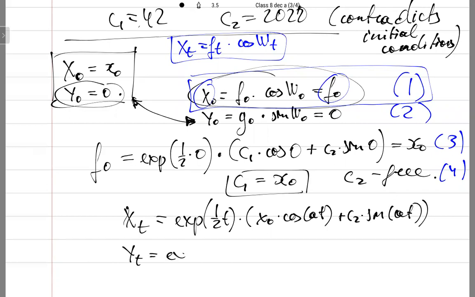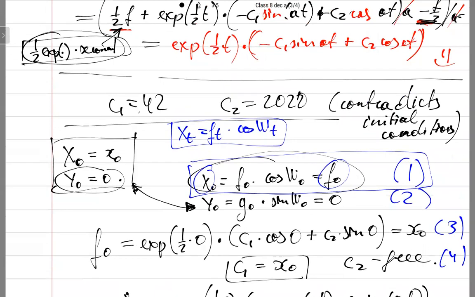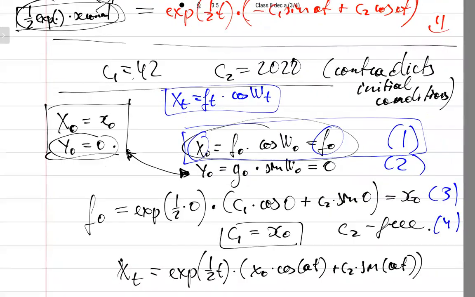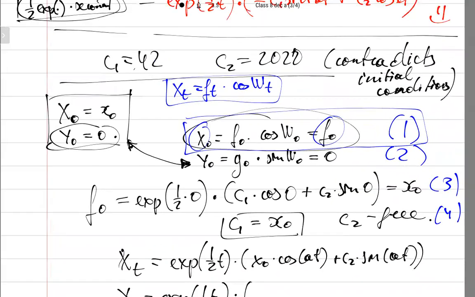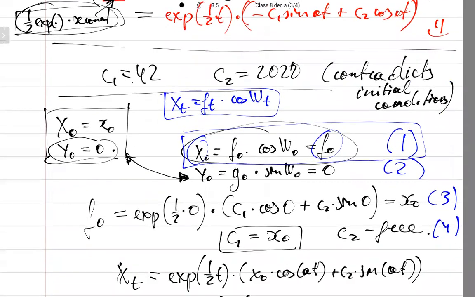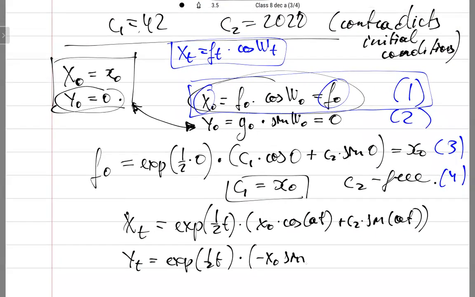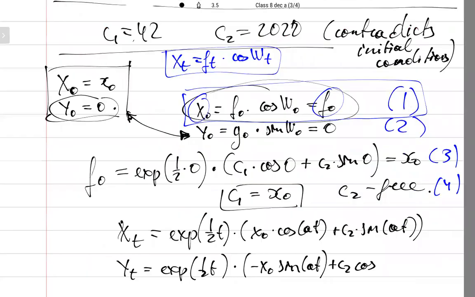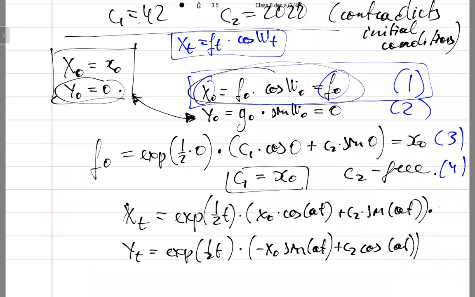Yt is exponent 1 over 2t times minus x0 sine of at plus c2 cosine of at, times cosine of wt times sine of wt.